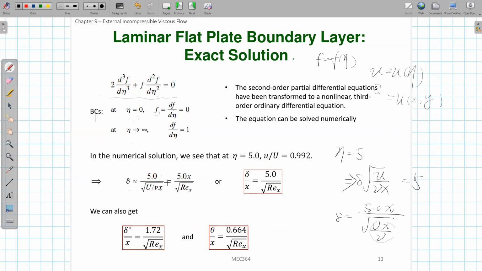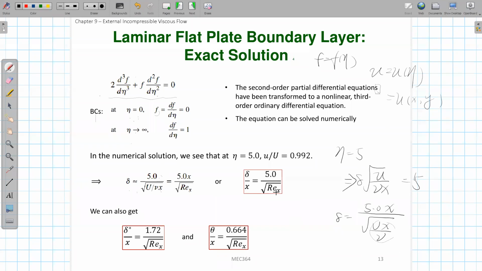At the end, we can rearrange this solution as delta as a function of x divided by x equals 5.0 over the square root of Reynolds number based on x. This tells us what the boundary layer thickness looks like.